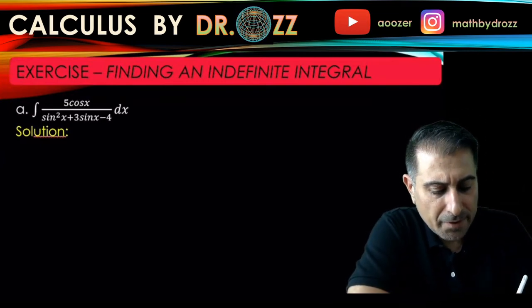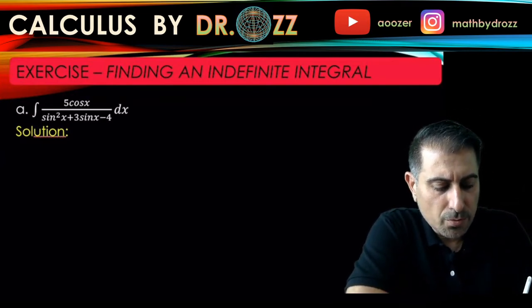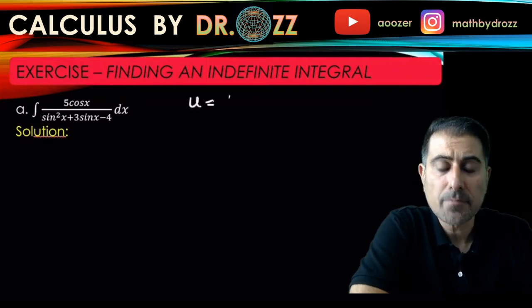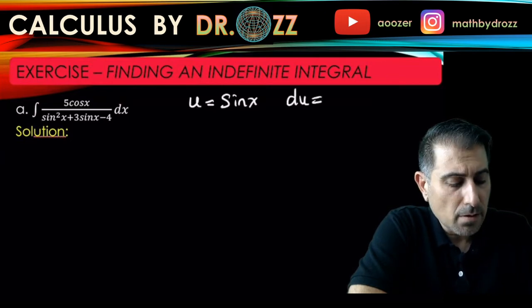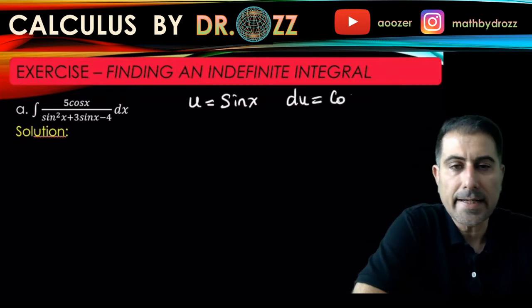Okay, what I mean by that is I'm going to call u to be sine x, and for that reason, du is going to be the derivative of sine x, that is cosine x dx.